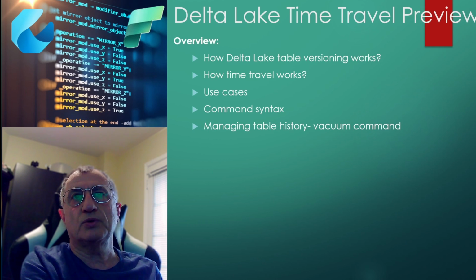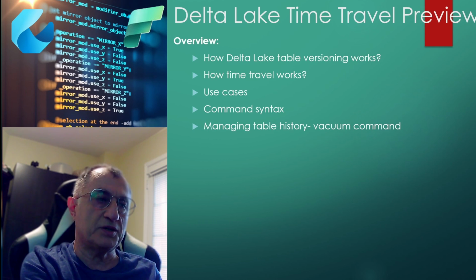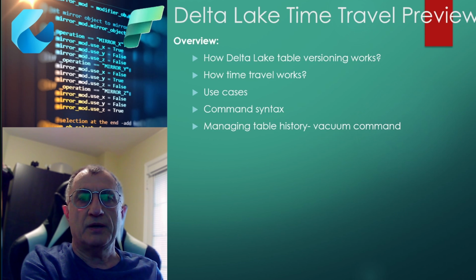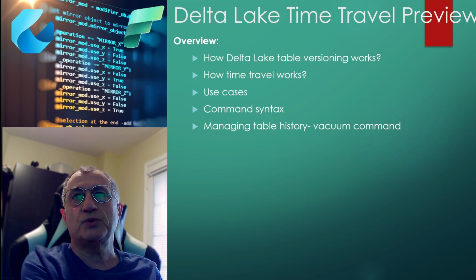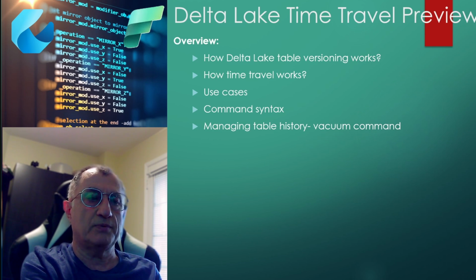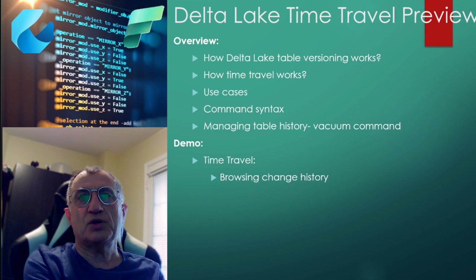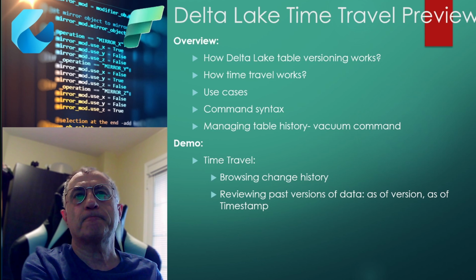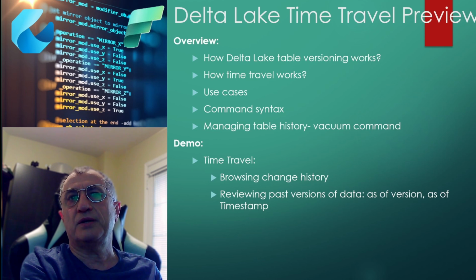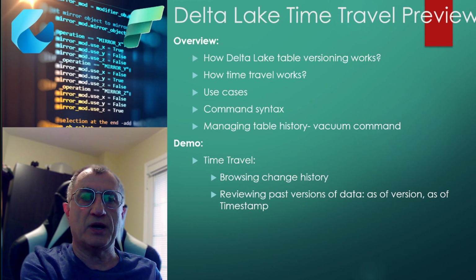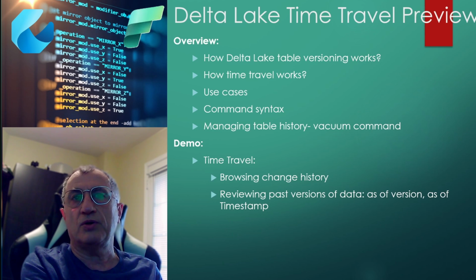Then we'll move to a table history management discussion, where I'll explain how you can use the vacuum command to clean up old history. In a demo section, I'll explain how you can browse change history. Then I'll demonstrate how you can review past versions of a table, either using versions or timestamps.